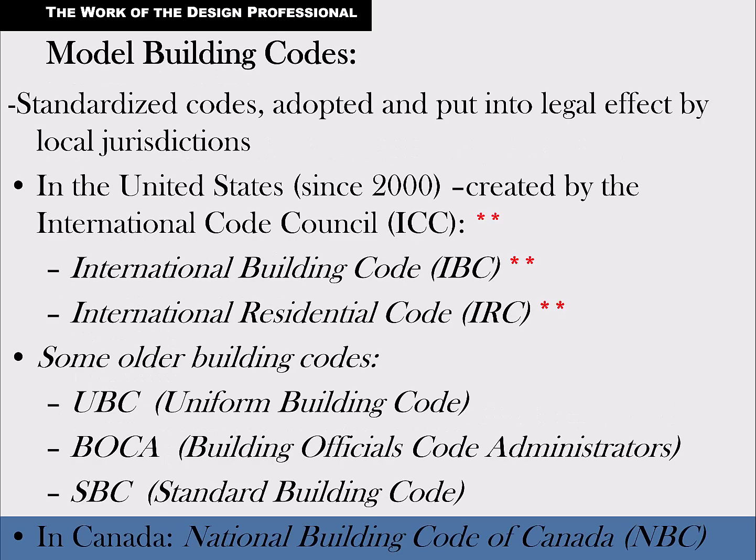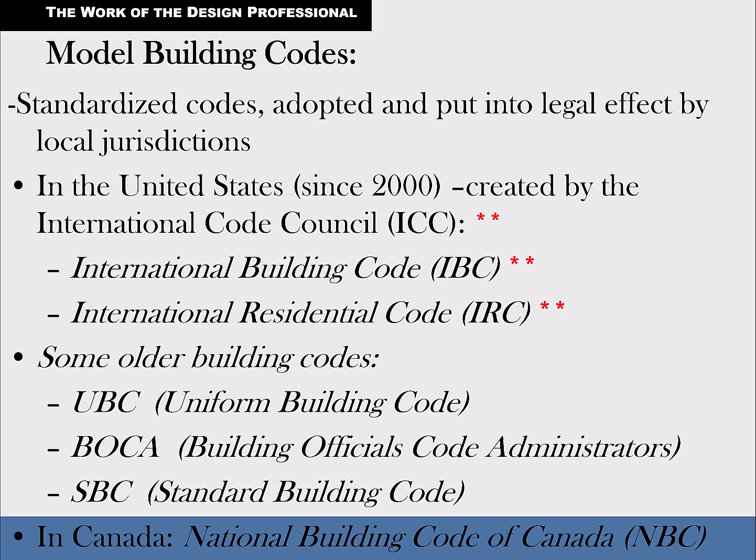Okay, so this is an important page, as you see all the pairs of red asterisks. In the United States, well, really since 2000, the International Code Council was created, and for Louisiana, after Katrina, in 2006, 2007, in that region, we pivoted over and started using the International Code Council's codes.